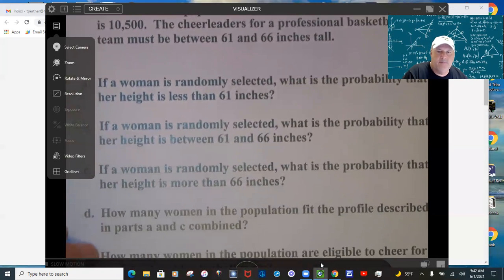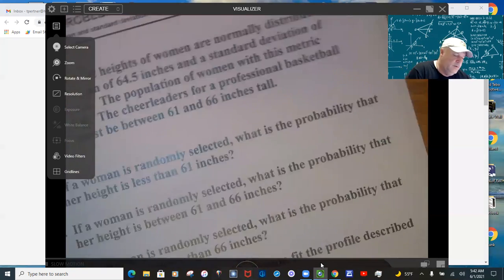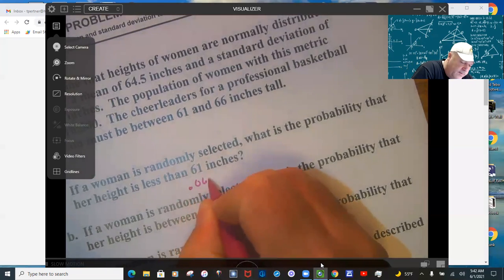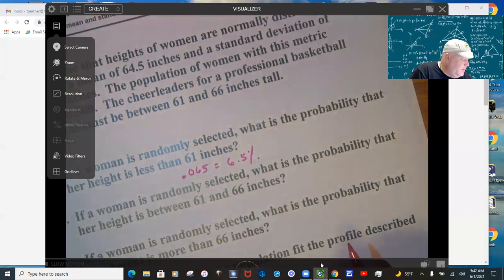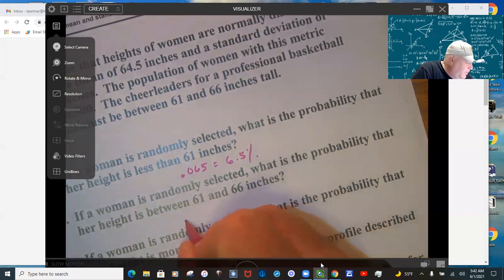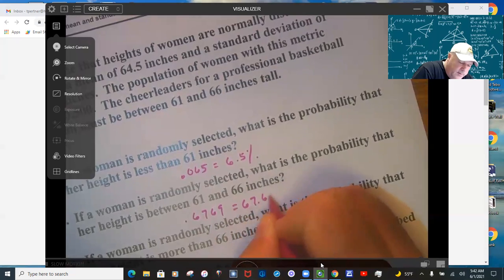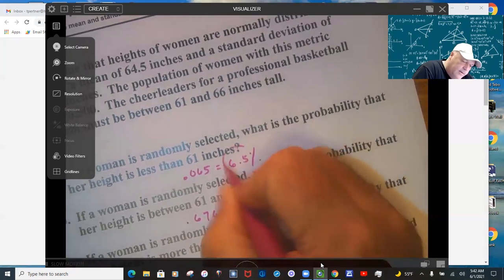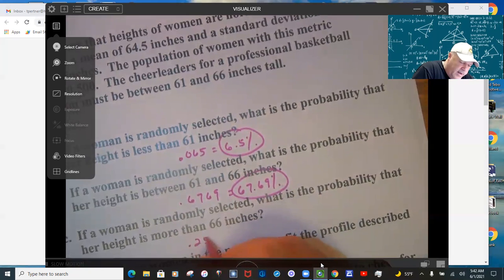And you have these first 3 situations, less than 61. So that's 0.065. More between 61 and 66, so 0.6769. 0.69%, and then more than 66, so 0.2581.